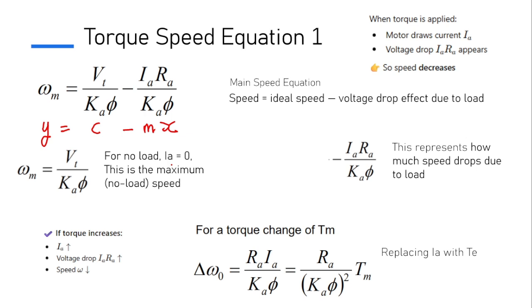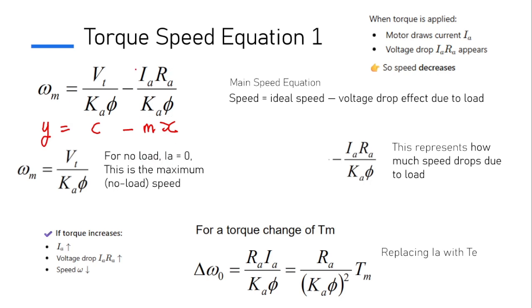Your back EMF is due to Lenz's law. So if you put a load on the motor, for it to spin, you have to overcome your back EMF. If you have no load, you have nothing to resist, so the back EMF will be 0. And if your back EMF is 0, your Ia will be 0, right? So with no load, Ia is 0.